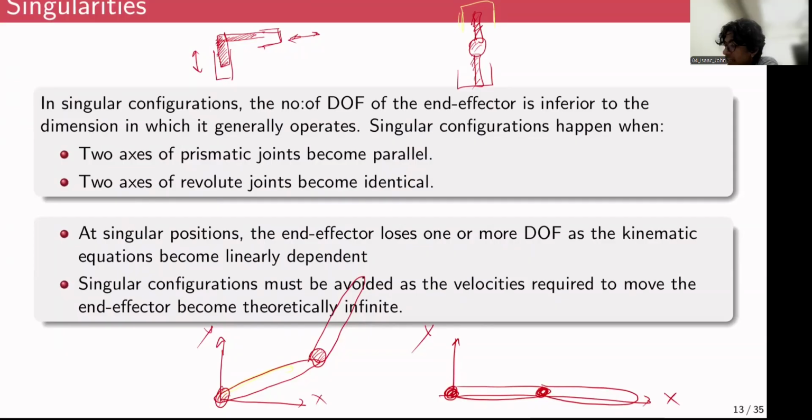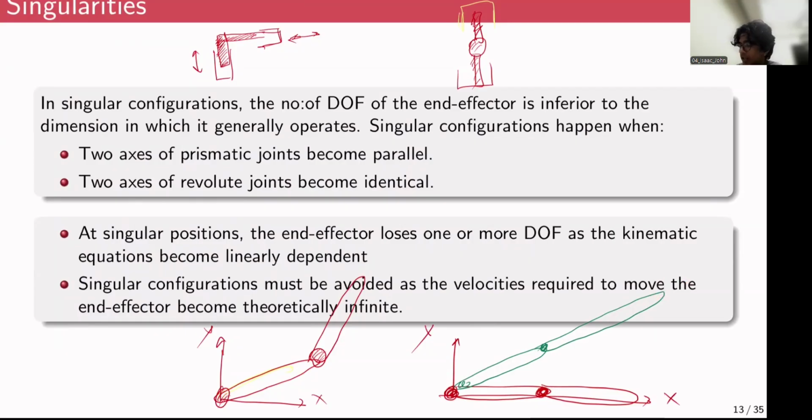And the same is also true when the arm is extended in this manner, right? Fully stretched. Both of these links are aligned along a straight line. So the robot cannot achieve a velocity along this direction. It can only achieve a velocity in this direction. It cannot achieve a velocity in this direction, along the length of the link.